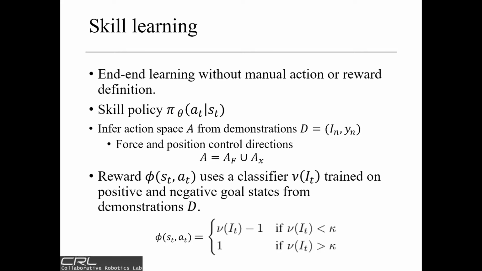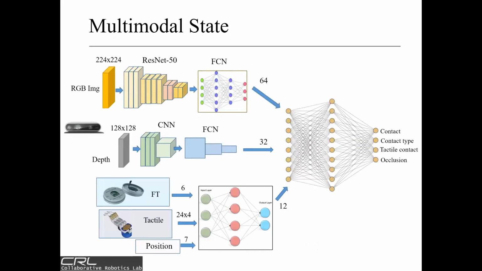So we infer a bunch of positive and negative examples of successful goal states from the demonstration and train a classifier to form the reward function for our skill. In addition to learning the reward from the demonstration, we also proposed a multimodal state representation, which improved the overall learning performance.